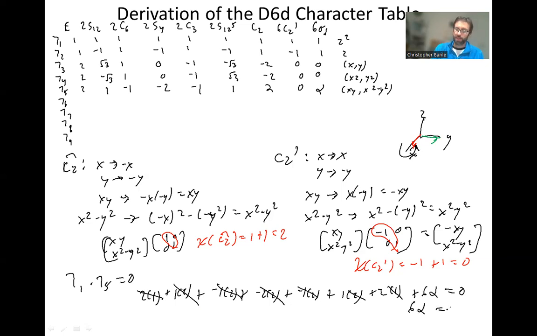So 6 alpha has to equal 0, so alpha is equal to 0. So I figured out this last one just using this little trick here, that is equal to 0. So a lot of work to figure out x squared minus y squared.